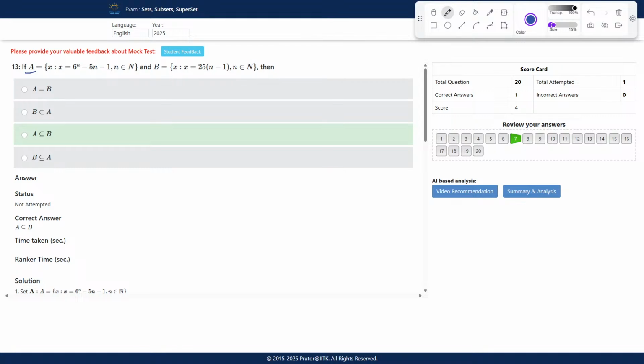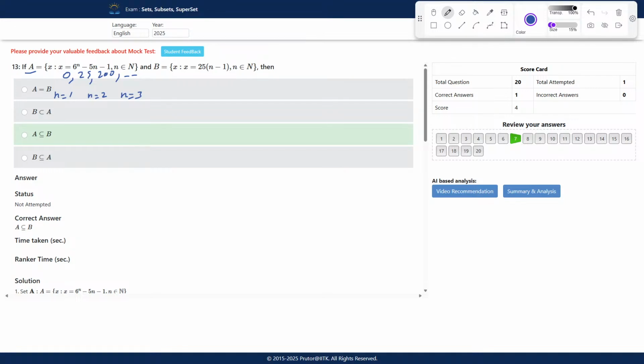Let me repeat. For set A, we are getting some of the elements as 0, 25, 200 and so on. Is it clear for set A? For n equals 1, we got 0, for n equals 2, we got 25, and for n equals 3, we got 200.